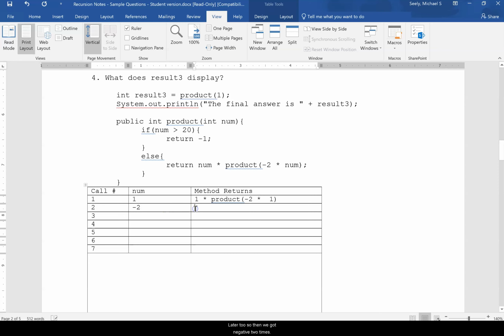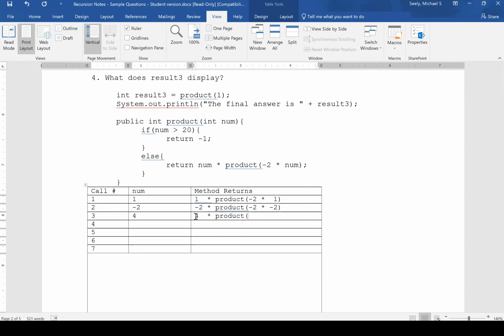-2. So then we got -2 times, and I'm going to move that over there. We got product. And then we got -2 times -2. And that gives us a 4. We got a 4 times the product.